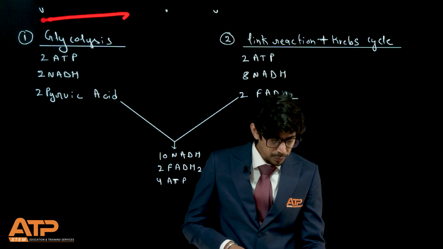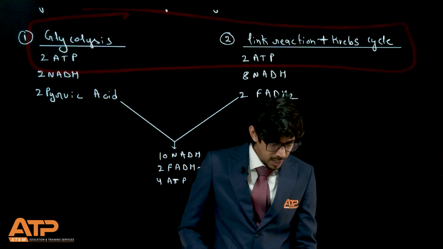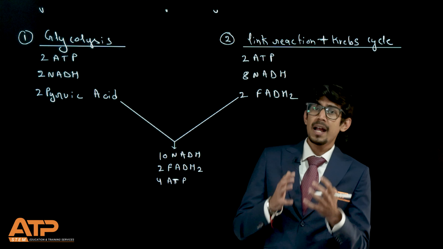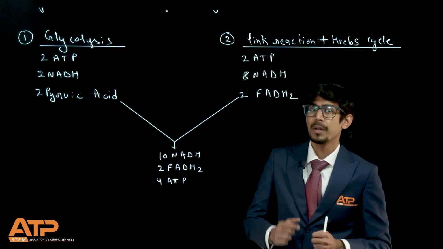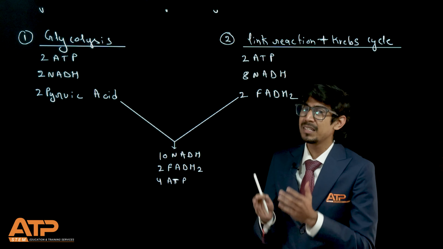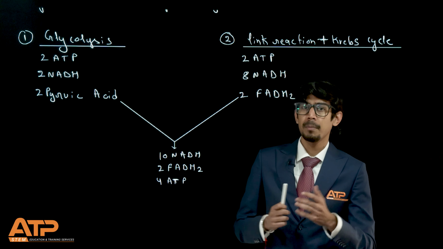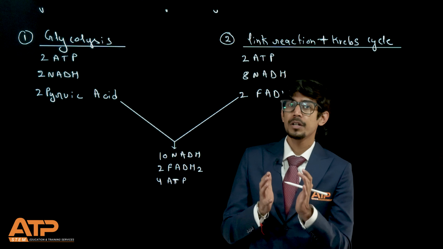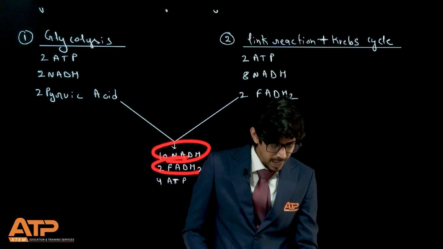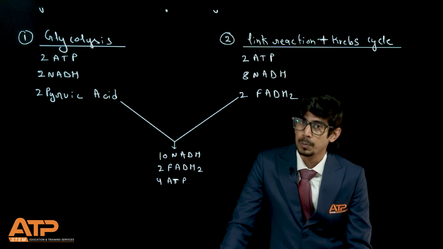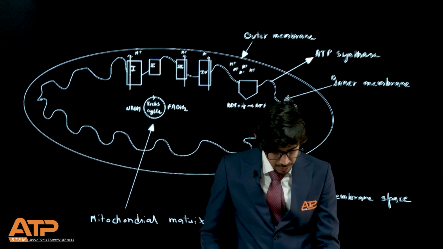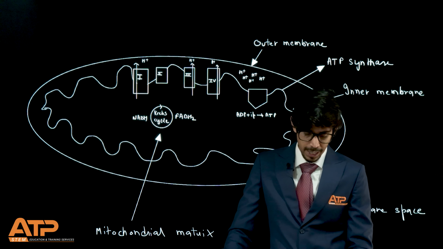Because after all of this, we are left with only 4 ATPs. And we know that we get around 38 ATPs in aerobic respiration. So the big question is, where are the remaining 34 ATPs coming from? And I told you in my previous video that they are produced during the electron transport system using the electrons from the NADH and FADH2.